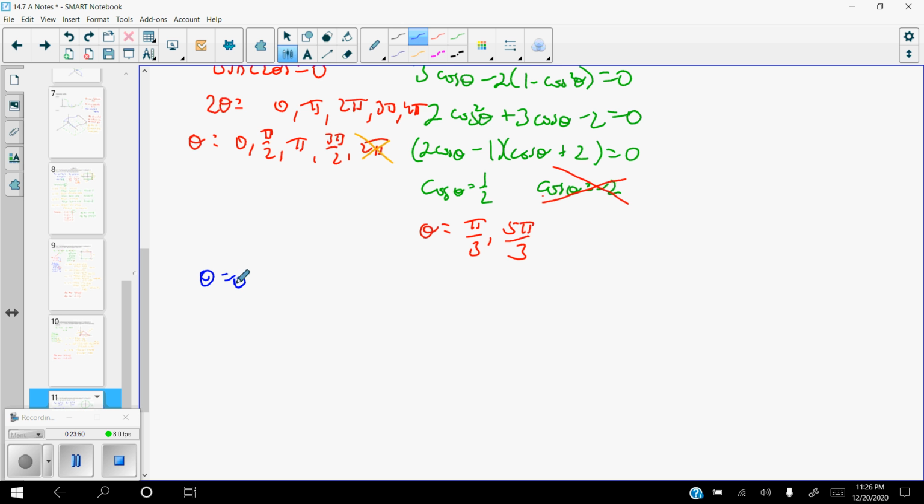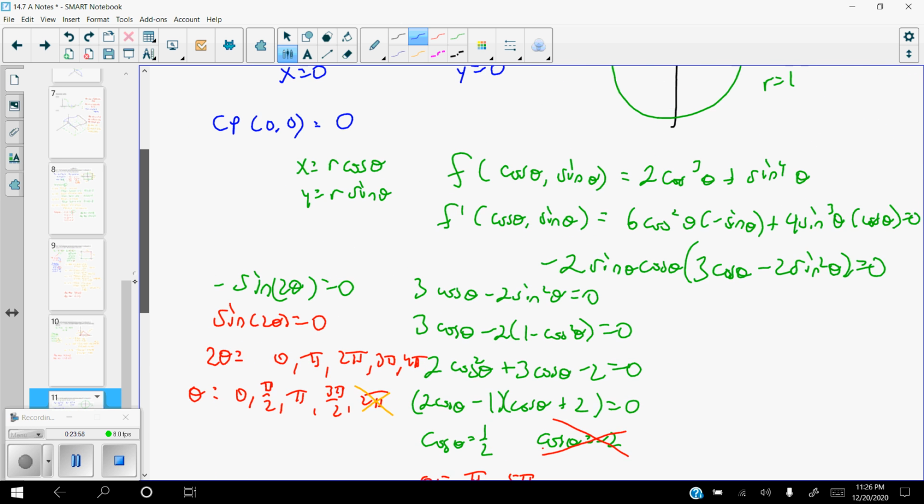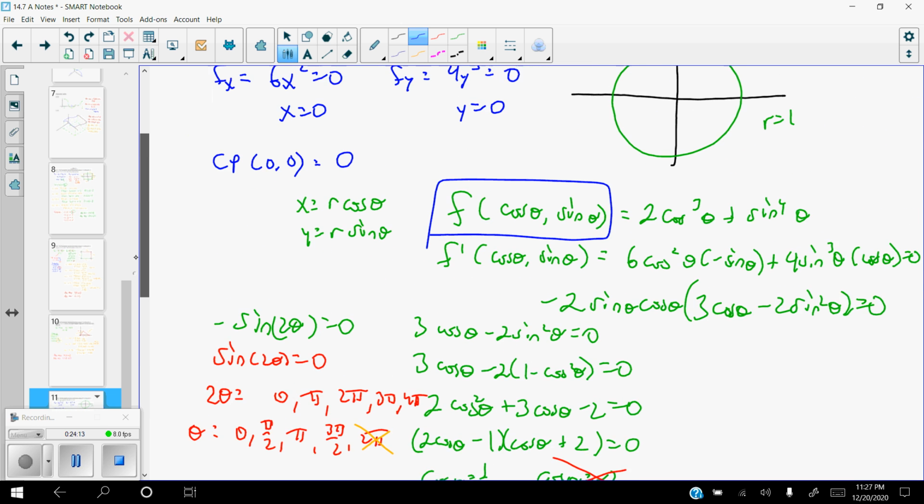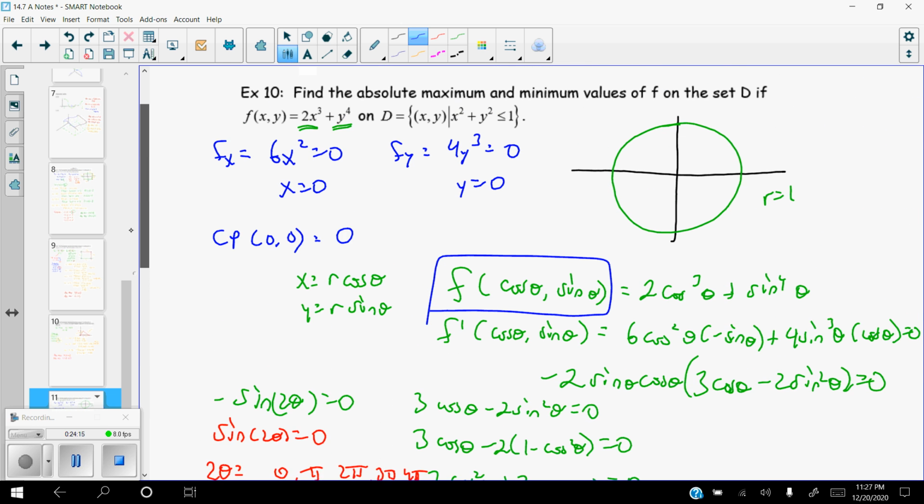So if theta equals 0, what's that going to correspond to? Well, if theta equals 0, that's really going to be the function of, remember our function was defined this way, cosine of 0 is 1, sine of 0 is 0. So that's a function of 1, 0. So if I plug 1 and 0 back into the original function, I'm going to get 2.